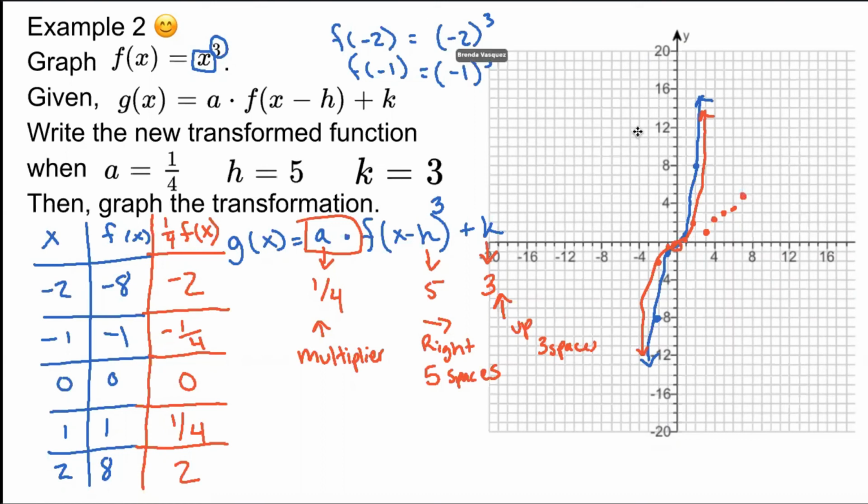So let me move this entire function over here. There you go. Obviously, I can't move those arrows. So this is our g of x once it's been shifted. All right. Any questions on this so far?